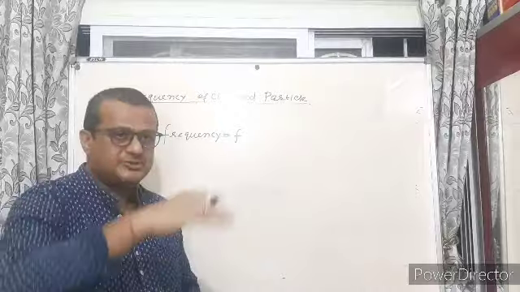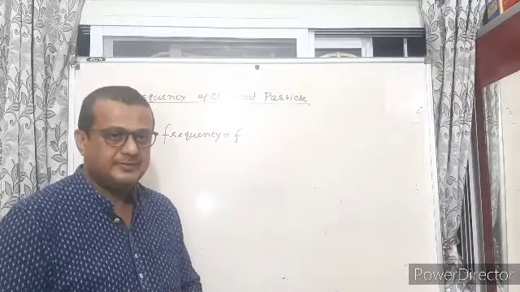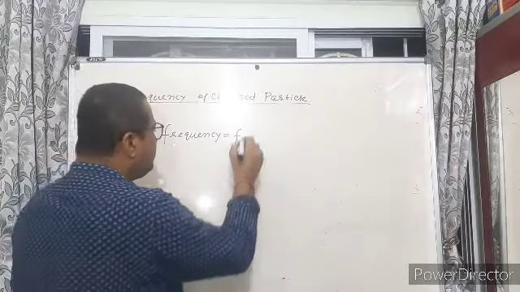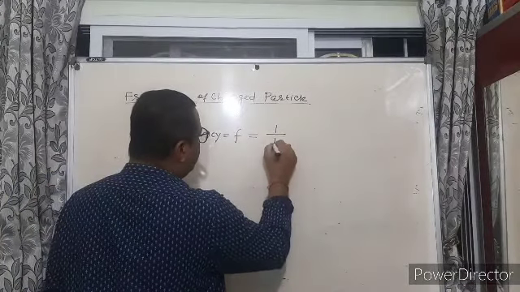How many rotations the charged particle takes in 1 second, that is called frequency. And frequency is equal to 1 by time period.